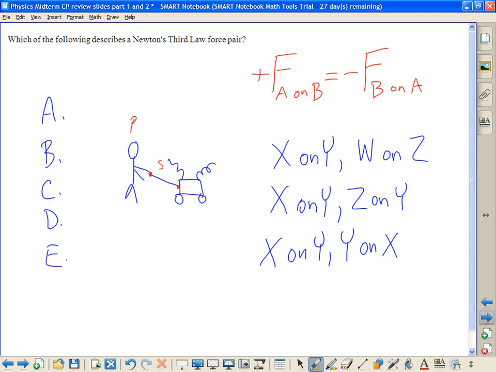Peter, string, toy, force of Peter on string. Wait a minute, so the string would be the object. Here's the force of string on toy. Hang on, that's another force diagram. One object per diagram. Okay, this is not Newton's third law. Peter is pulling on two different objects.